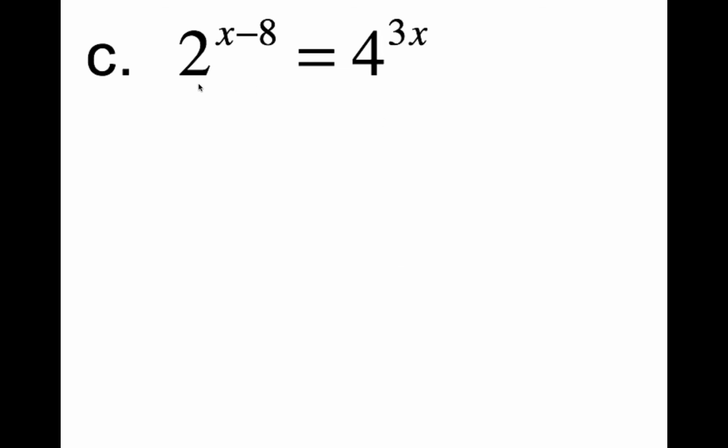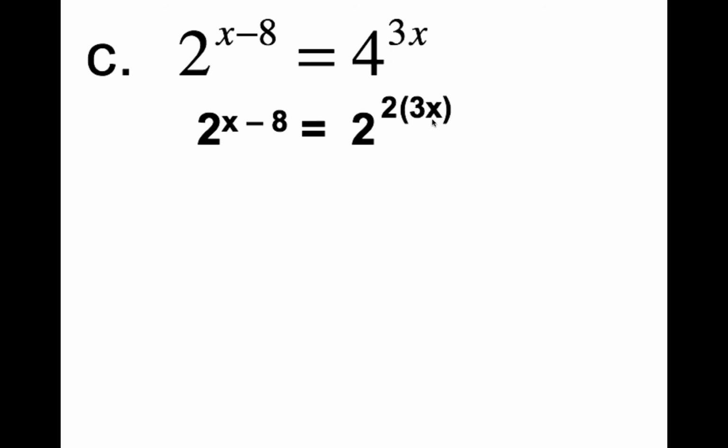Notice in this case, the bases are not equal. So to make them equal, you always go smaller. So I'm going to turn the 4 into a smaller base of 2. So this side is not going to change. But I'm going to rewrite the 4 as 2 squared because that is equivalent to 4. But notice we already have an exponent there that needs to drop down.